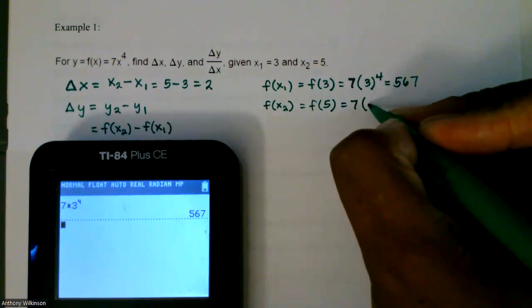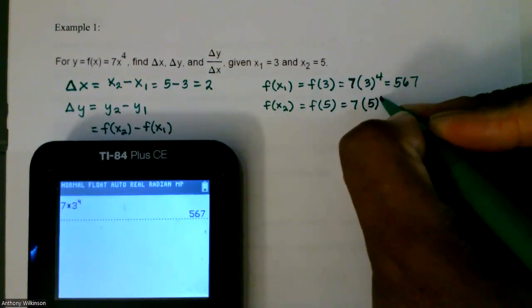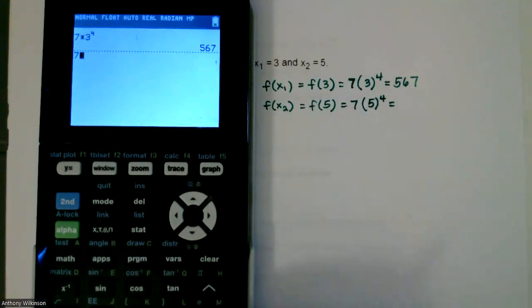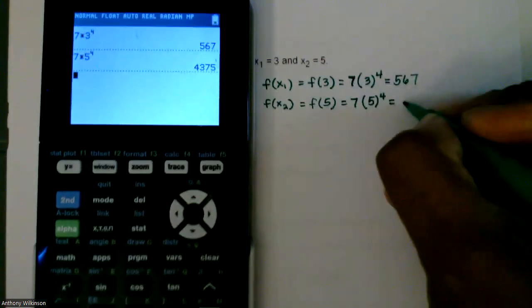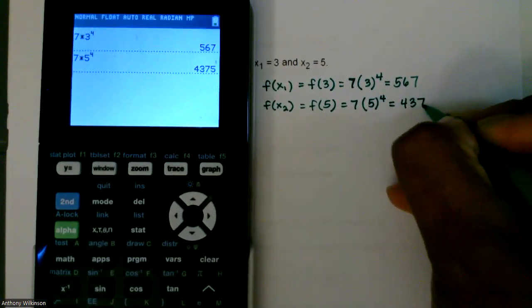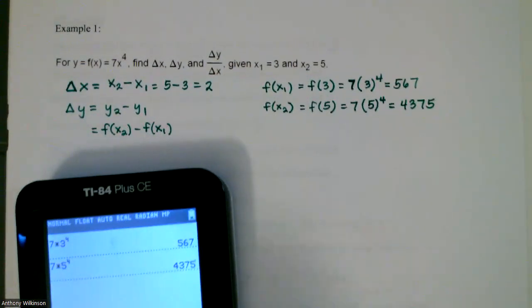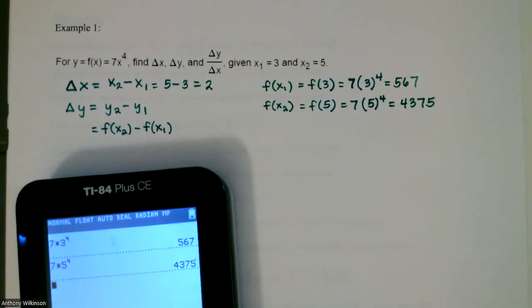So it'll be 7 times 5 raised to the 4th. Then hit enter, and here you're going to get 4,375. That's what f of x2, or f of 5, is going to be.